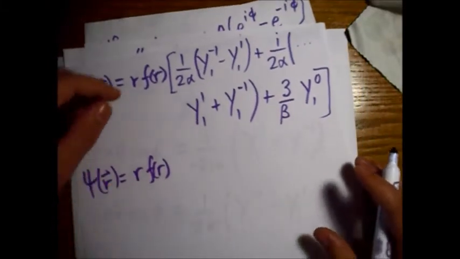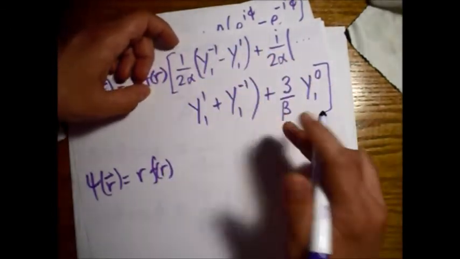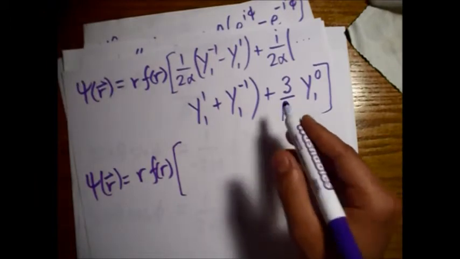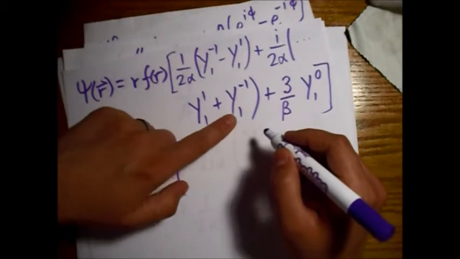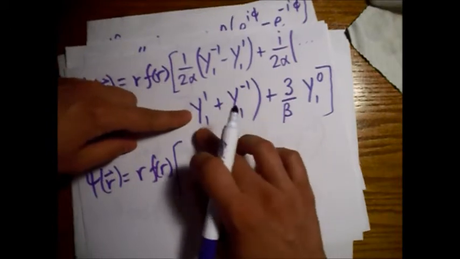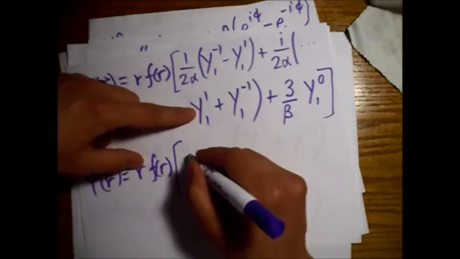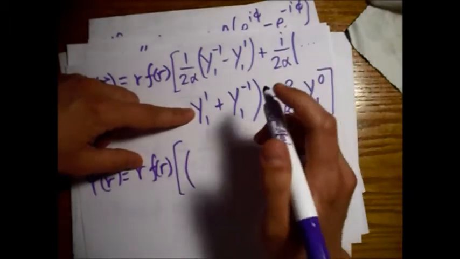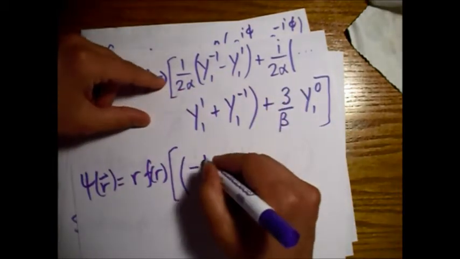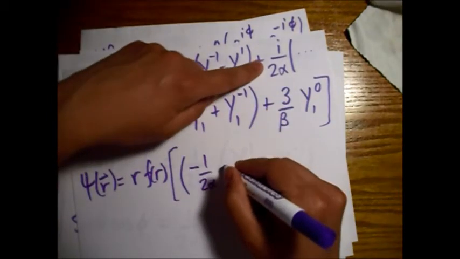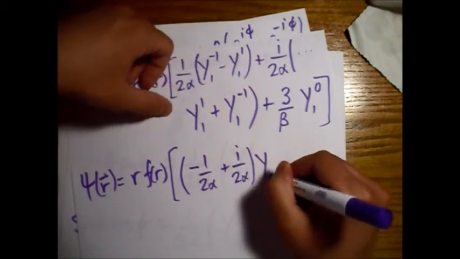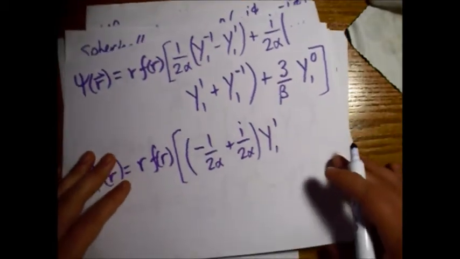And we're going to do that by combining these. So we just get a coefficient for each of these spherical harmonics. So let's go ahead and do Y1 1 first. Okay. So with Y1 1 we have a minus. So here's Y1 1 up here. There's a minus sign. Minus 1 over 2 alpha plus i over 2 alpha, Y1 1. Okay.